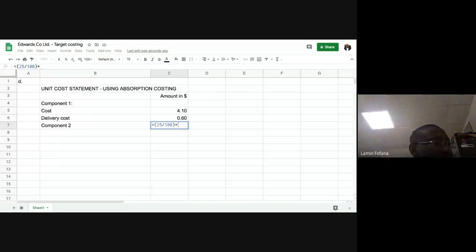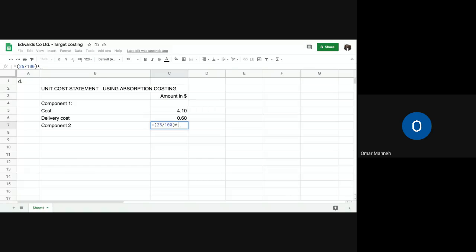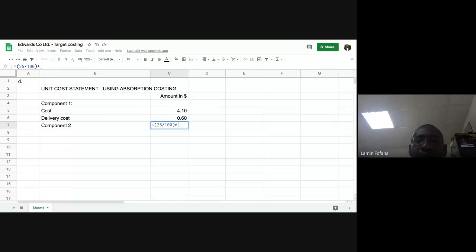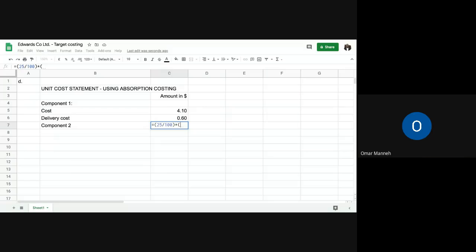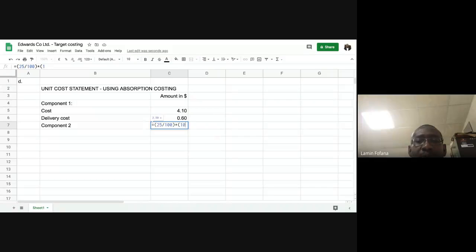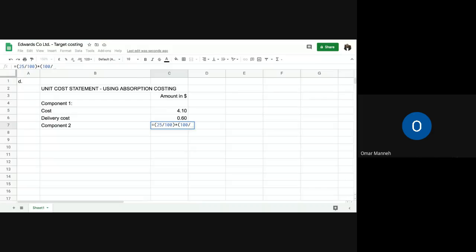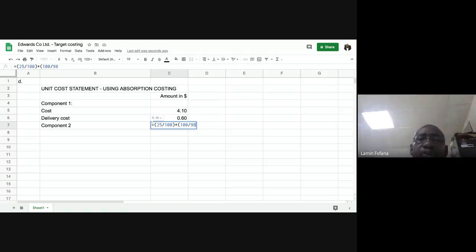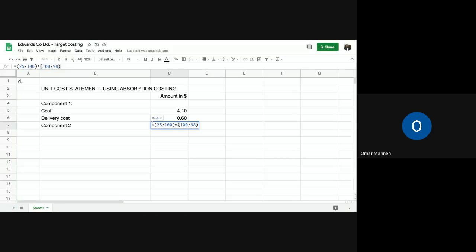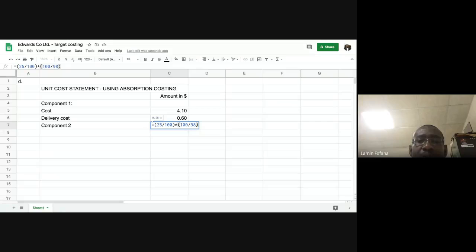Multiplied by 100, bracket opens again, 100 divided by 98. And we all know how we arrive at 98: it is 100% minus the 2%. Bracket closes, multiplied by 0.5.